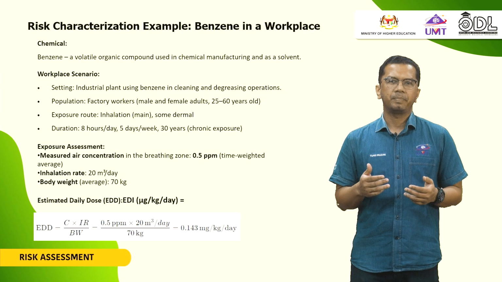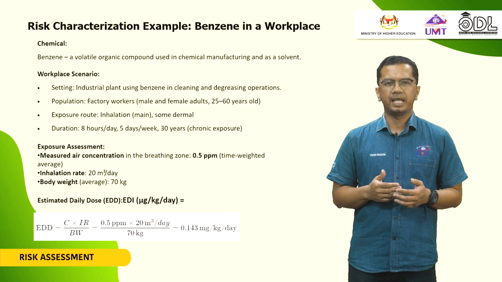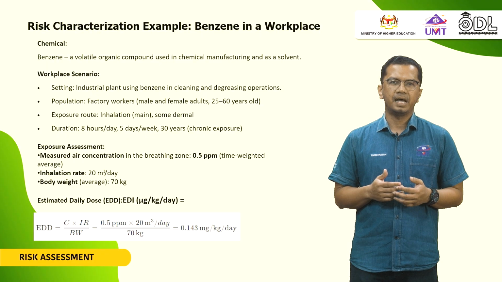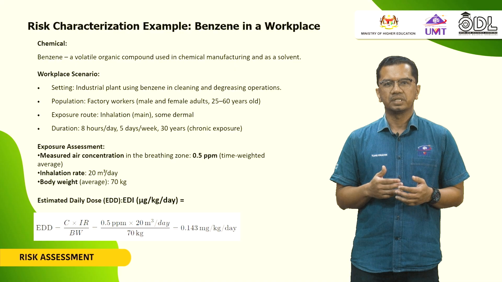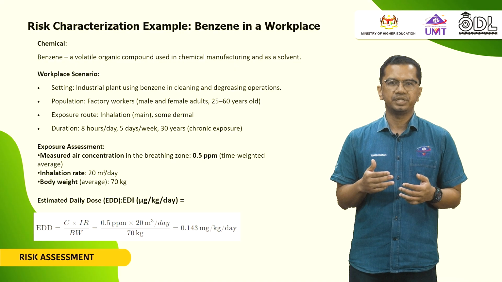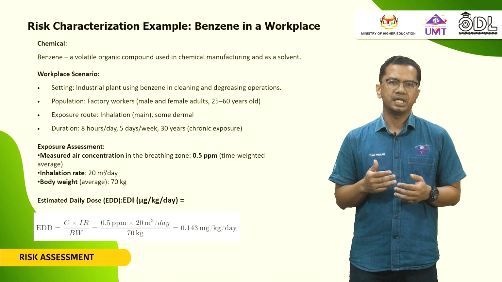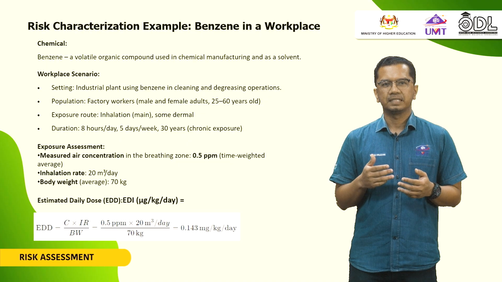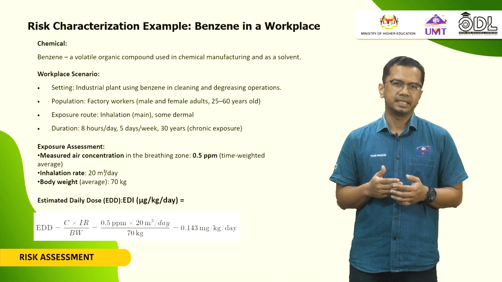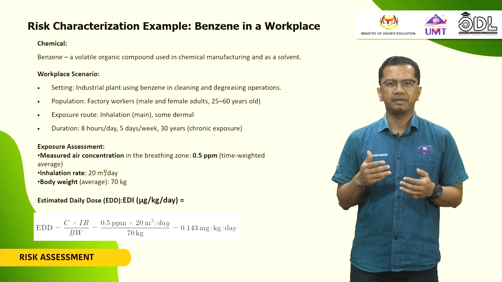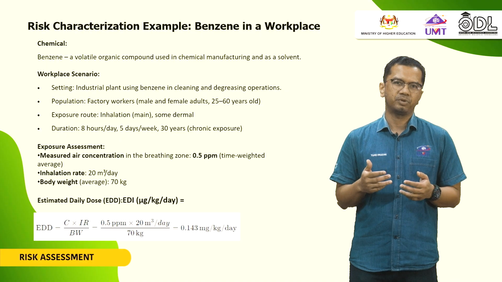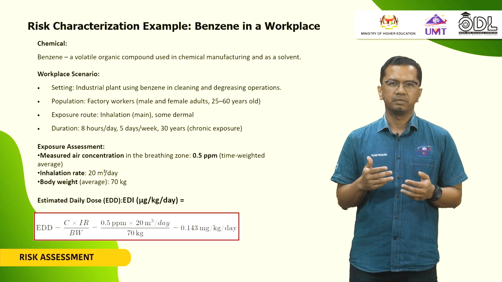Now, we apply the formula for estimated daily dose. We simply plug our measured values into the equation: concentration times inhalation rate divided by body weight. Now, for the calculation, 0.5 times 20 equals 10. Dividing 10 by 70 gives us approximately 0.143.